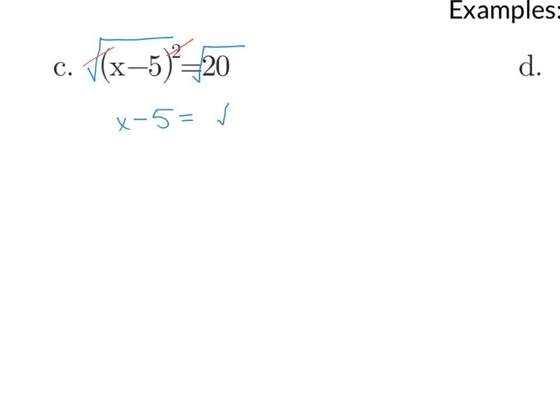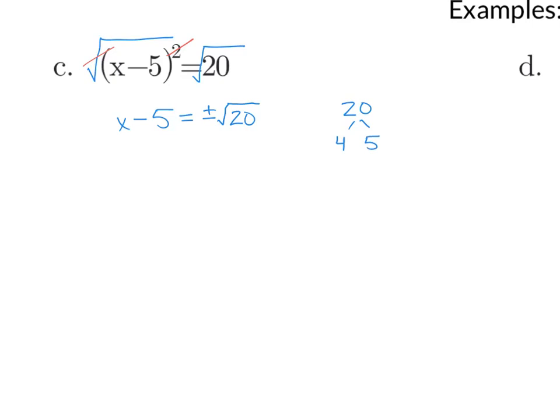On the right, I'm just going to write square root of 20 for now. And I'm going to include my plus and minus. Now 20 is not a perfect square, but I can still simplify this. And so we want to go ahead and factor 20. Does it contain any squares? Yes, it does. I can rewrite this as 4 times 5.